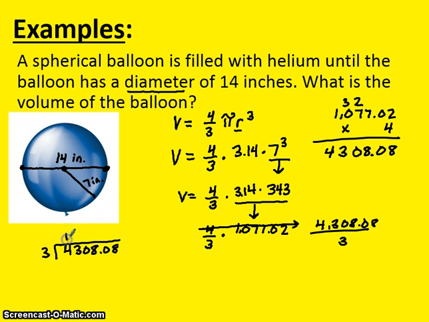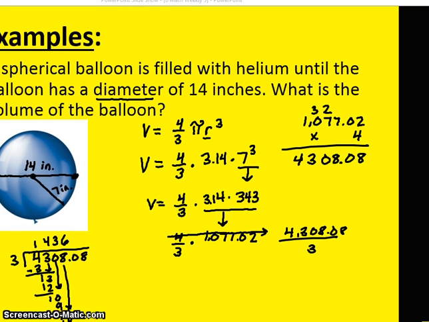3 goes into 4 once, which is 3, so there's 1 left over. Bring down the 3. 3 goes into 13 4 times, which is 12. 1 left over, bring down the 0. 3 goes into 10 3 times, which is 9. 1 left over, bring down the 8. 3 goes into 18 6 times, which is 18.